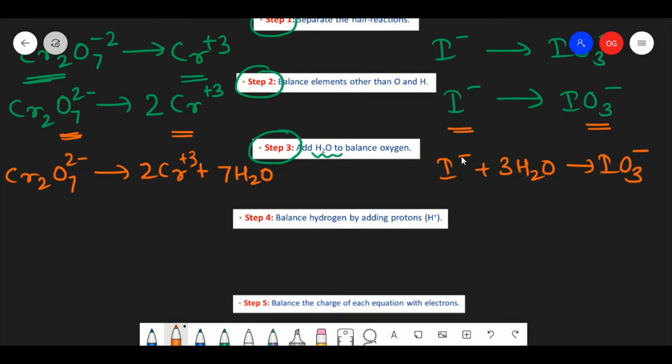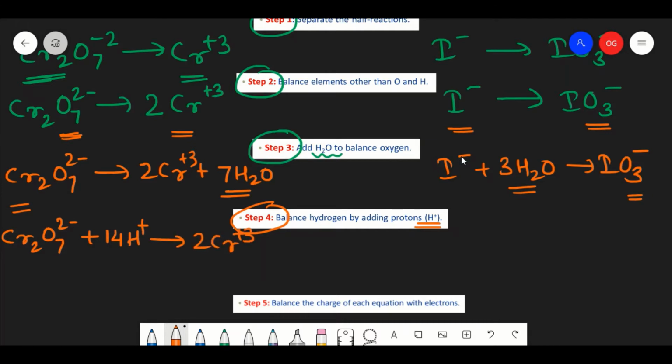Now we can see hydrogen has become imbalanced, so to balance hydrogen we have to add protons on both the sides. If you see here, there are 14 hydrogens on the right hand side and none on the left hand side. Here also 6 hydrogens on the left hand side and none on the right hand side. So to do that, I will write Cr2O7 2- plus 14H+ gives 2Cr3+ plus 7H2O.